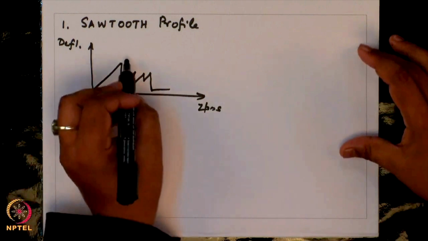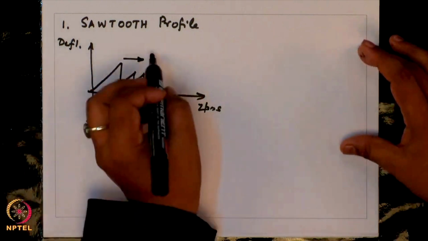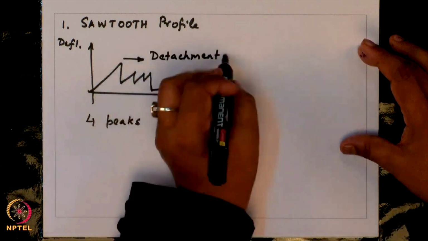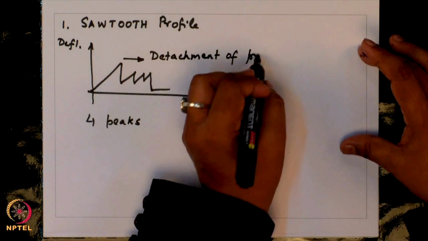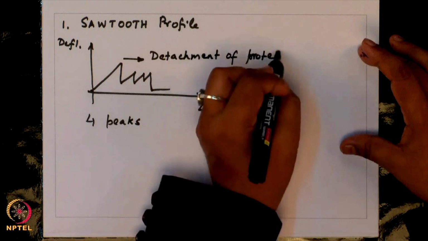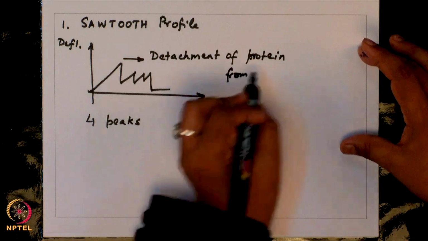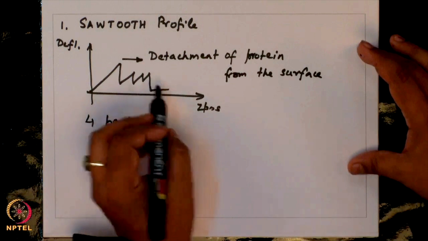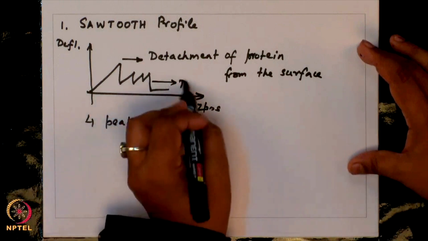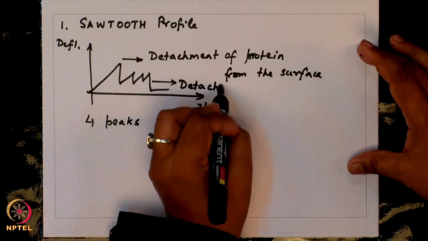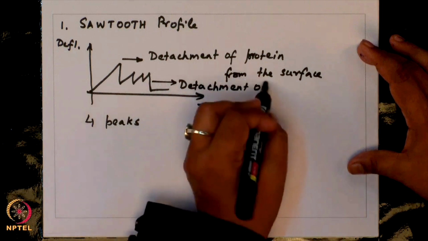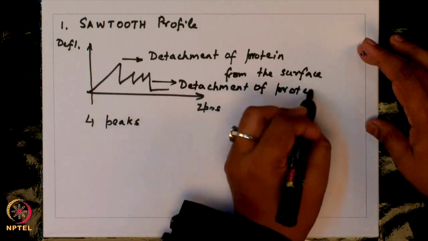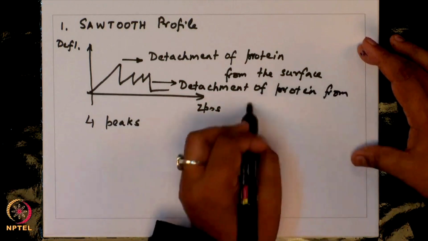I said that the first peak is associated with detachment of protein from the surface, and the last peak corresponds to detachment of protein from the tip.